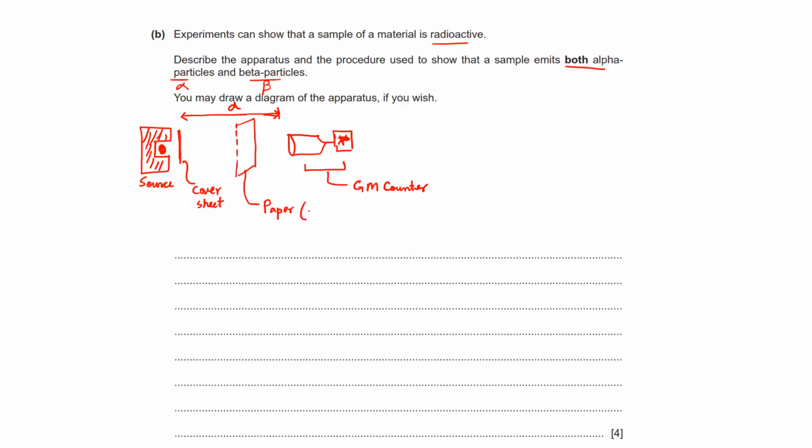Okay, so this is how I would use a paper or aluminum sheet. For the aluminum sheet, I will be using approximately 5 millimeter to, you can say, 8 or 10 millimeter thick. So I need a thin sheet of paper and almost 5 to 8 or 10 millimeter thick aluminum sheet.